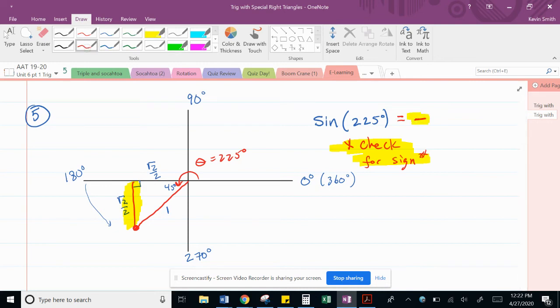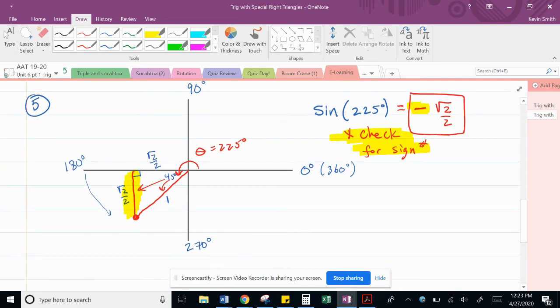And now we can just take our sine. Opposite over hypotenuse, root 2 over 2 divided by 1, same thing. And that's it. Again, all the same stuff. You just got to identify if you're using the positive x-axis or the negative x-axis, and same with the y. So we'll do one last one.